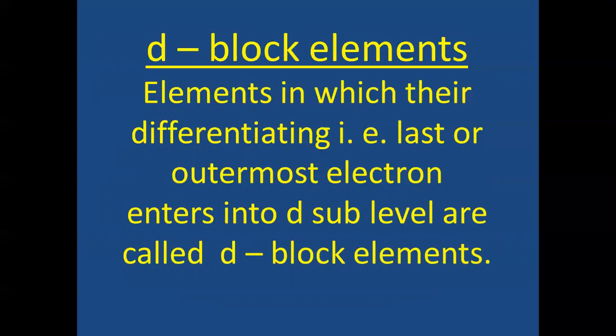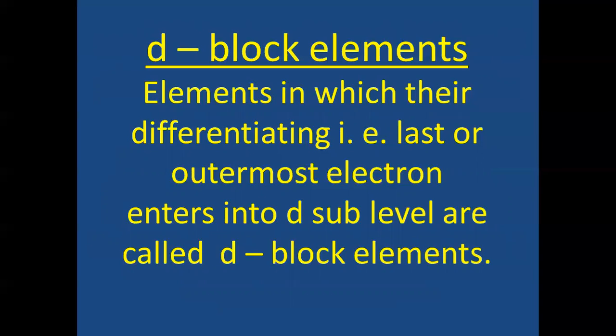Therefore, because today's topic is D block elements, we can define d block elements in such a way that elements in which their differentiating electron, that is last or outermost electron, enters into d sublevel, then these elements are called d block elements.